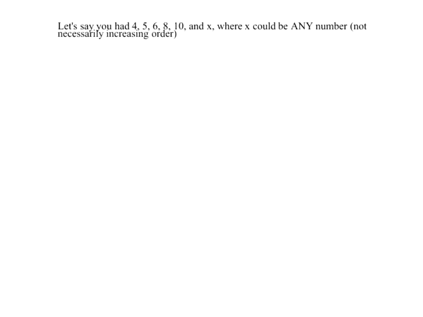Can you have an algebraic expression for it anymore? Absolutely not. Let's say you just had 4, 5, 6, 8, 10, and x, where x could be any number, not necessarily in increasing order. Then you would have to break it into 4 cases.